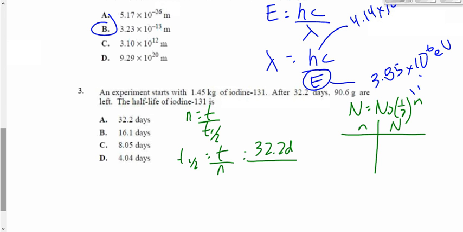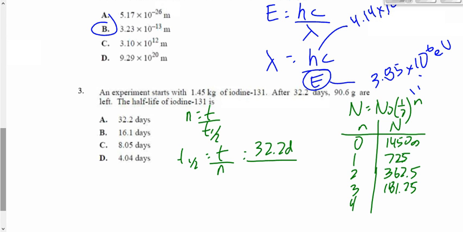After 0 half-lives, let's do grams here, we've got 1,450 grams. That's what we start with. After 1 half-life, we've got 725 grams. After 2 half-lives, it's 362.5 grams. After 3 half-lives, it's 181.25 grams.